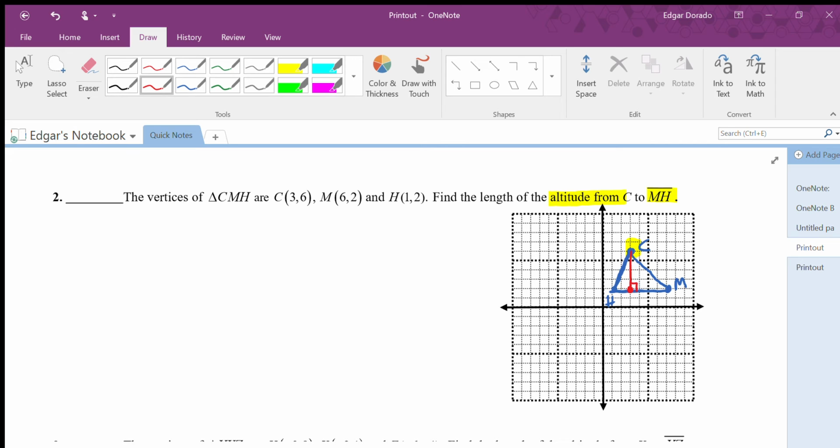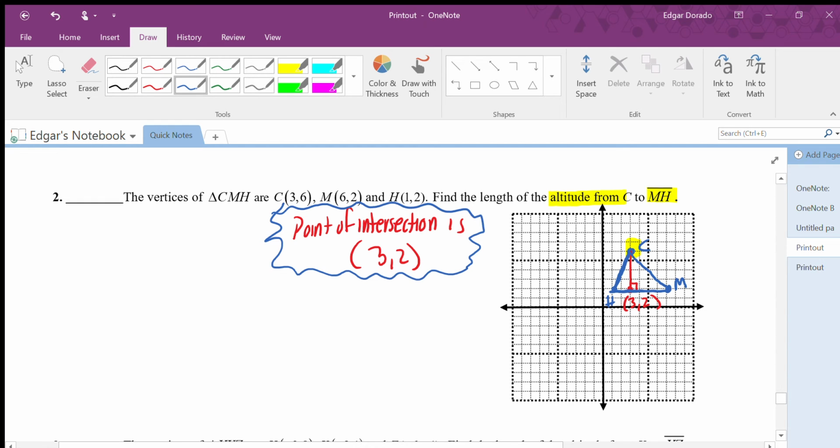Okay, if I needed to find the coordinates of the intersection point right there, what would it be? Well, this is 3, 2. So my point of intersection is 3, 2. Just in case I get asked.